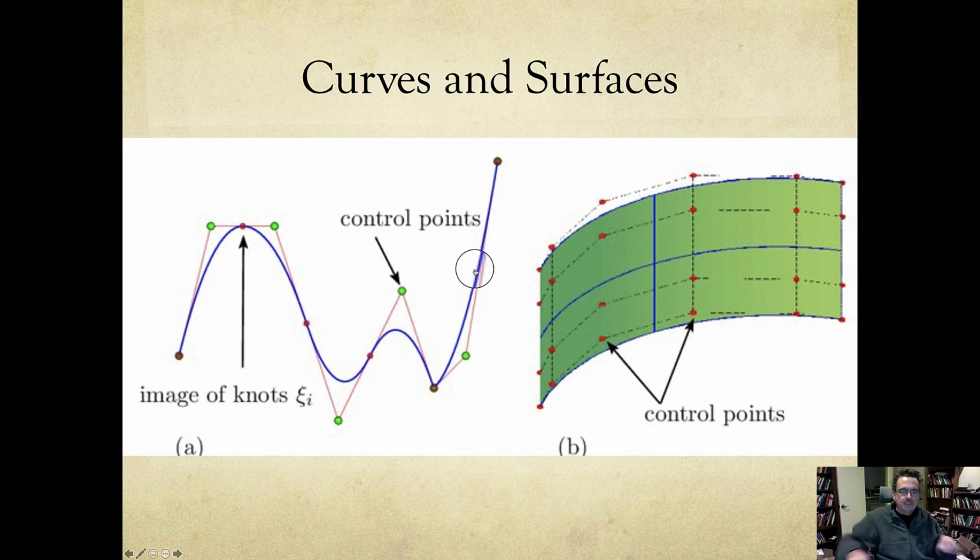You can shape it, almost like you would do in Play-Doh or something, and you can make the curves almost anything you want by just physically moving it around. And that's what people used before the era of the computer. These are control points for a surface. So you can have control points for curves or for surfaces.